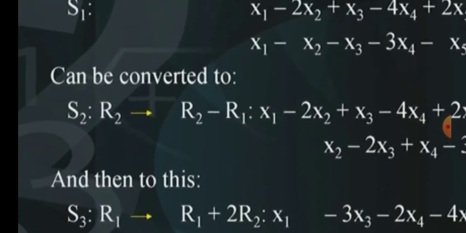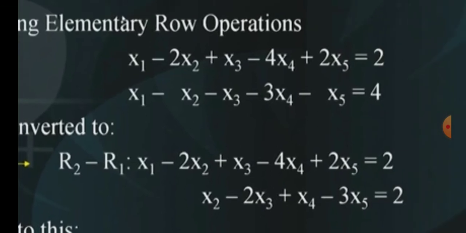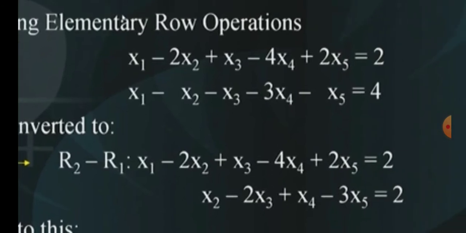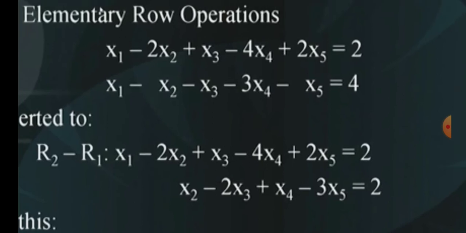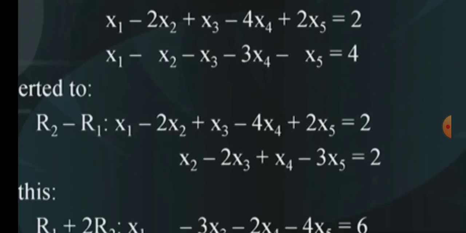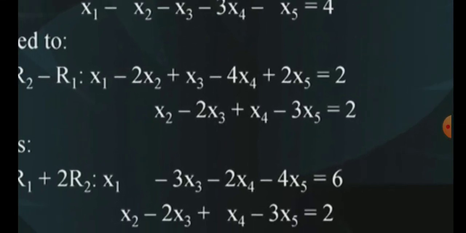So R2 minus R1, where R2 means row 2, here you can assume it as equation 2 minus equation 1, and it will be put in equation 2. So the first equation is unaltered, and the second is reduced by the operation, and it is minus 2x2 plus x4 minus 3x5 equal to 2.